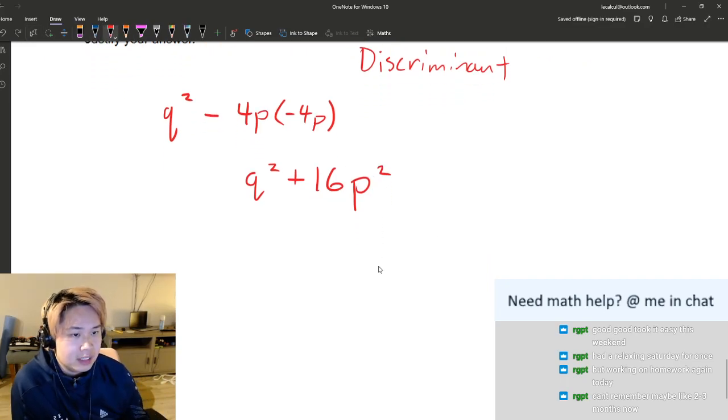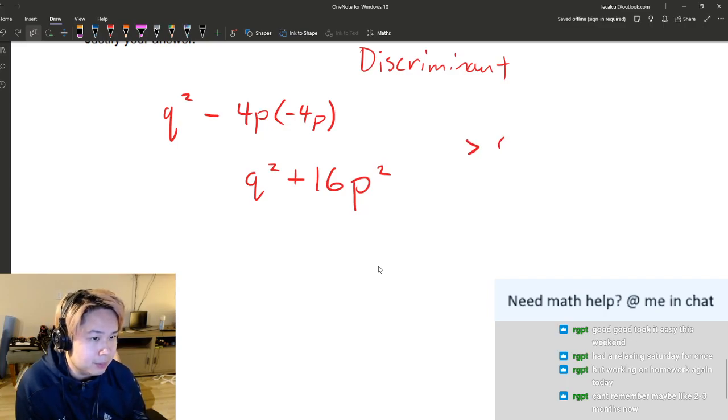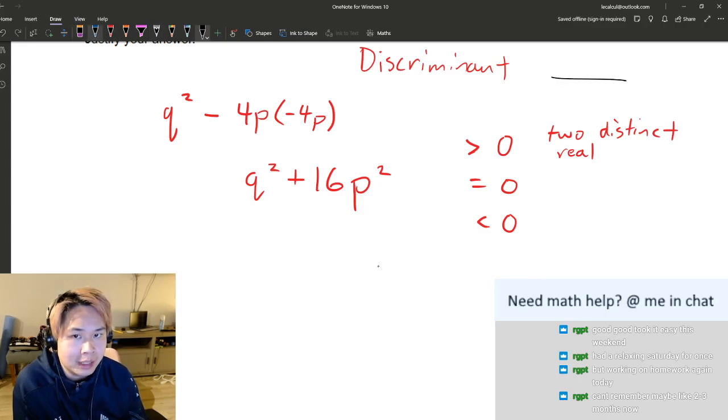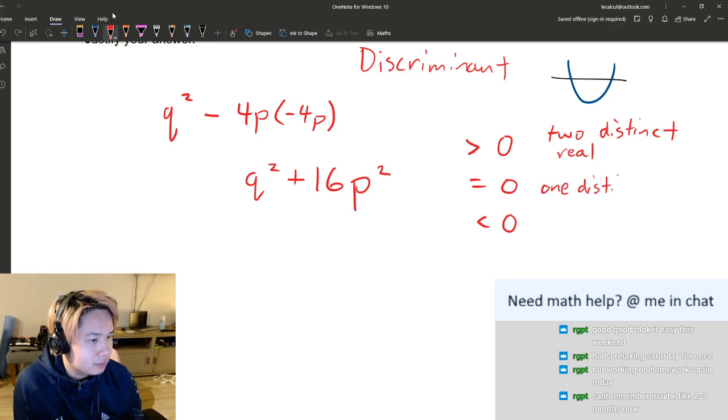So here's my discriminant. Now, the discriminant has 3 options. It can be positive, it can be equal to 0, or it can be negative, less than 0. So if it's positive, then this has 2 distinct real solutions. So if you were to graph this parabola, it has 2 x-intercepts. If it's equal to 0, then it has 1 distinct real solution.